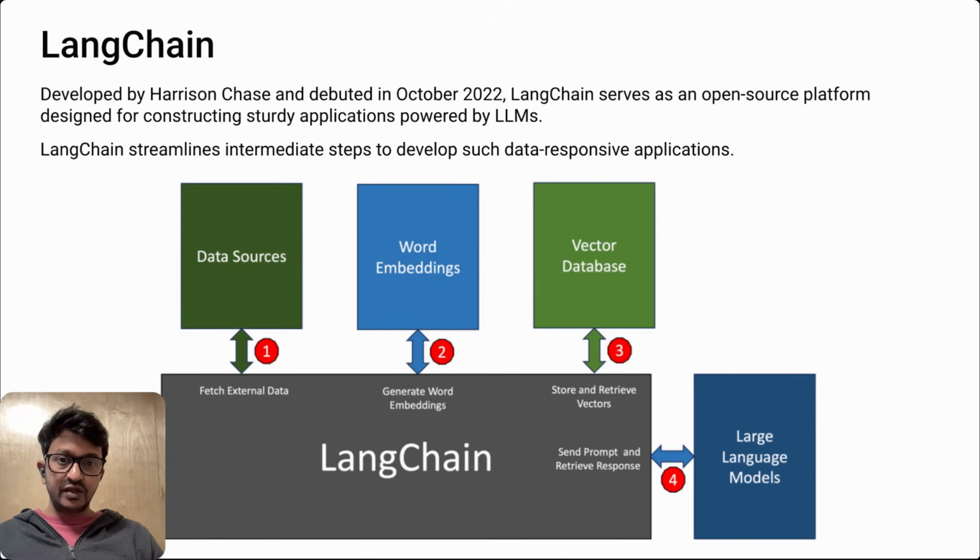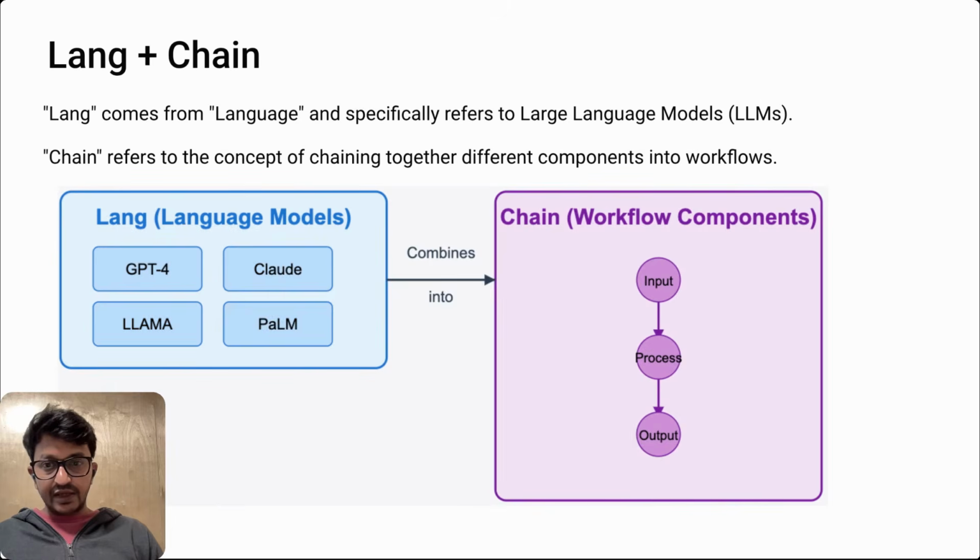It's been almost 4 years, and LangChain serves as an open source platform to help developers build LLM powered applications. As you can see in the image, you can connect with any data sources, structured, unstructured data source. You can have word embeddings, and you can connect with any vector database and also to any LLMs or large language models.